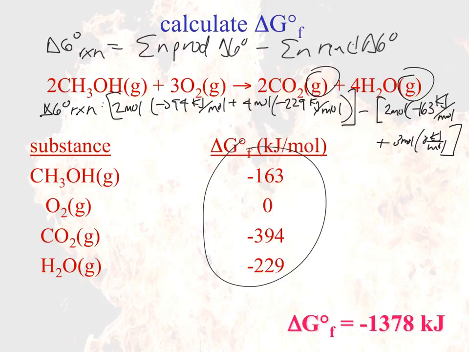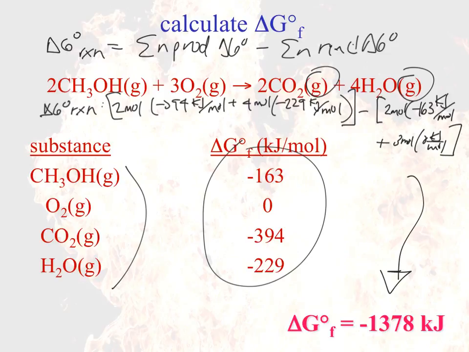Notice oxygen is in its standard state, so the delta G naught formation value is 0. We plug this all into our calculator and subsequently get negative 4,378 kilojoules. So it's a spontaneous process, and we calculated this from our Gibbs free energy of formation values.